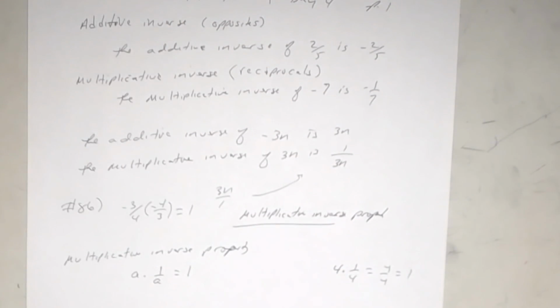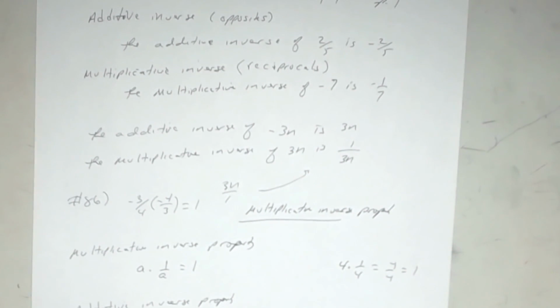Okay, so that's 86. Then there's the additive inverse property, and it says this. Remember, when you think of additive inverse, you think of opposites, right? And in the word additive is the word add. So if I have a plus its opposite, and what's the opposite of a? Negative a.